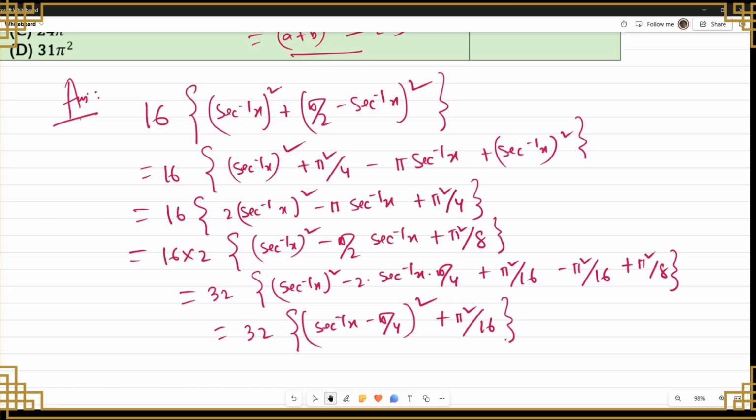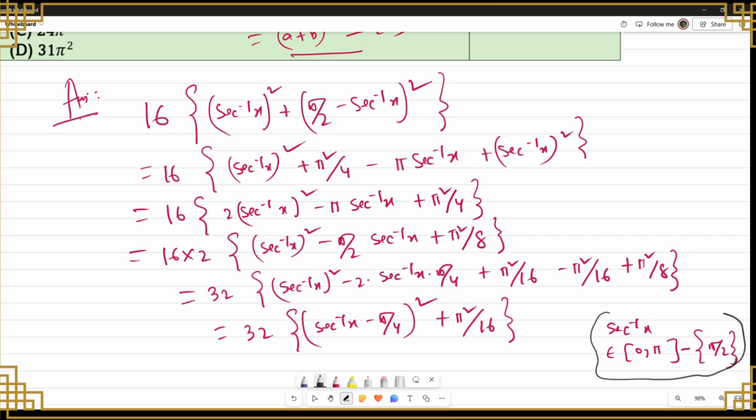Now, sec inverse x lies in which interval? It will belong to this interval, that is 0 to pi, and from there you have to subtract pi by 2. Hope you all remember the principal value branch of sec inverse x, the domain part. Okay.